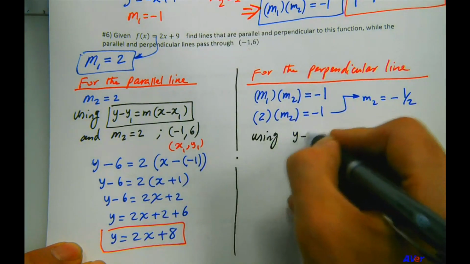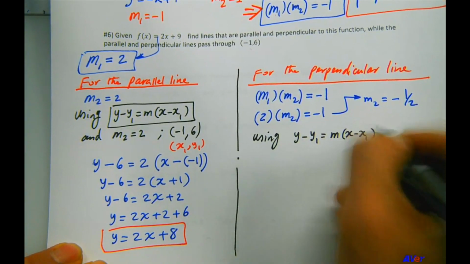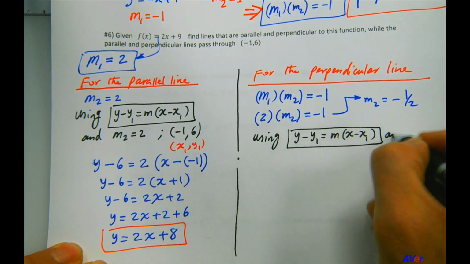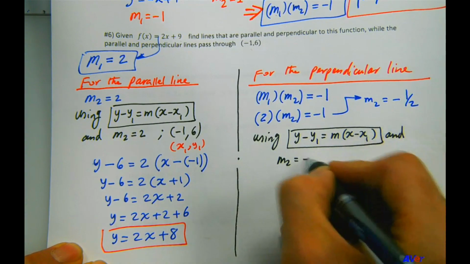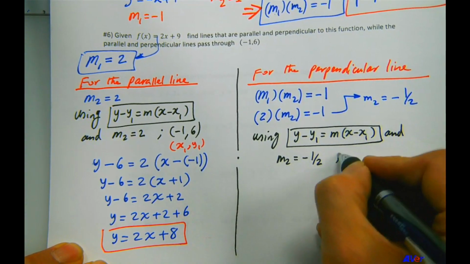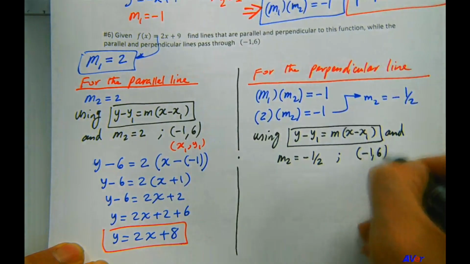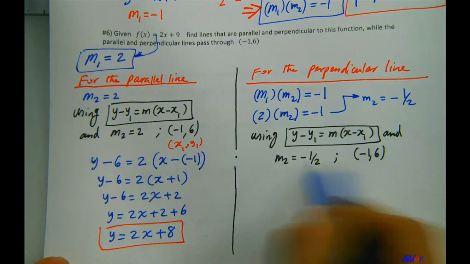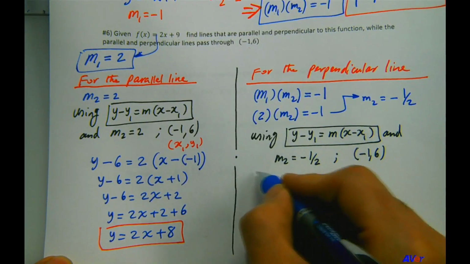Now, using y minus y1 equals m times x minus x1, and the fact that m2 is equal to minus 1/2, and the fact that the perpendicular line must go through this point, we can start plugging this specific information into this general formula we have.